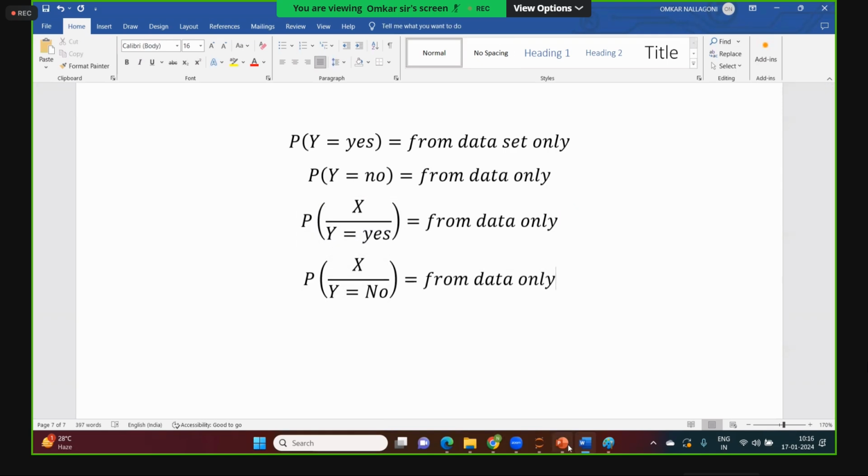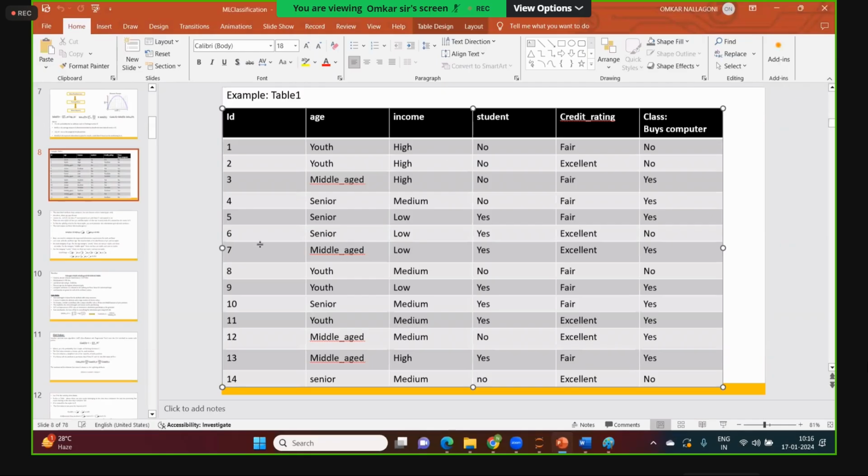Note down this again, please, very quickly. The columns are ID, age, income, student, credit rating.